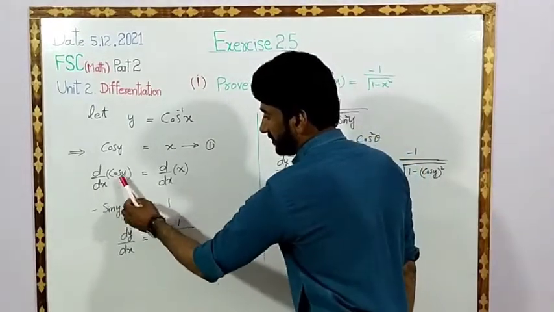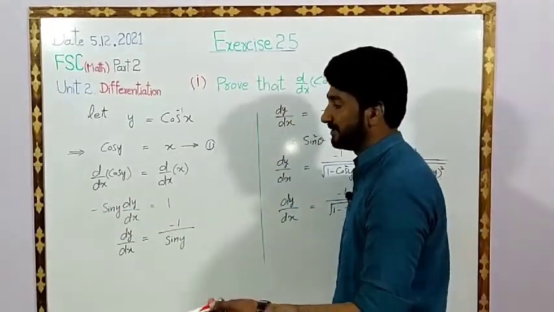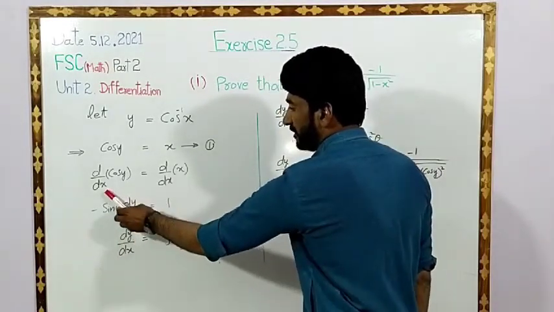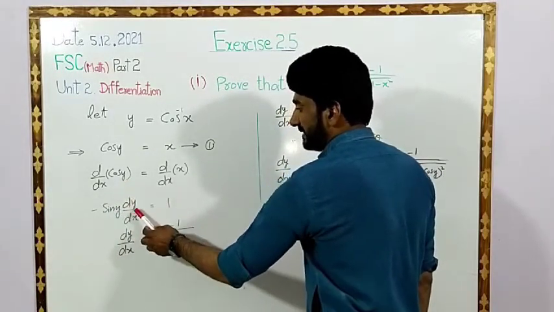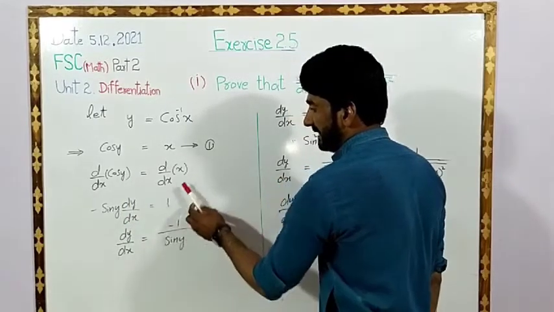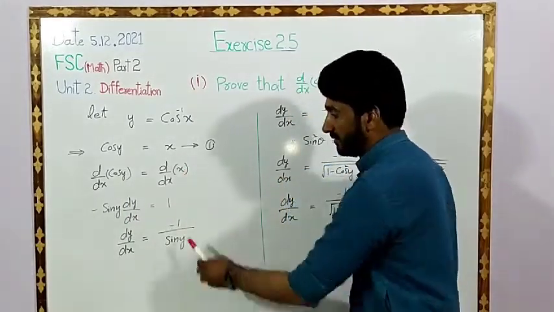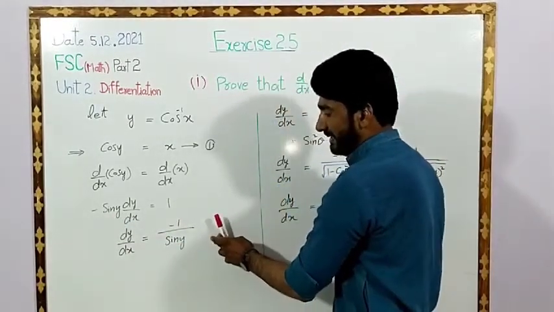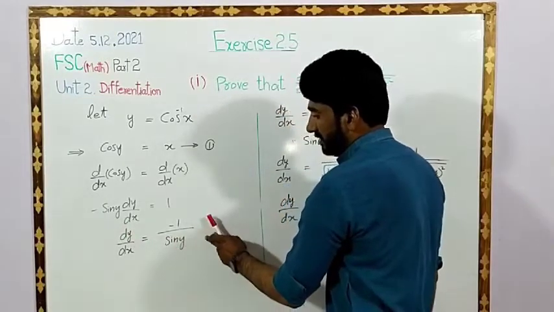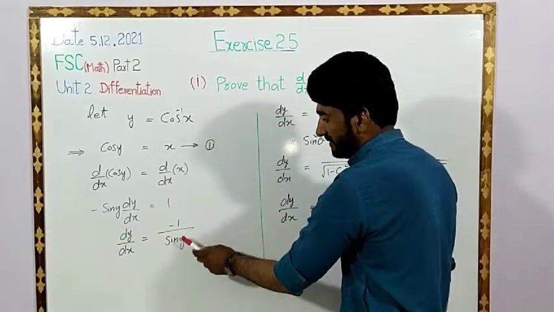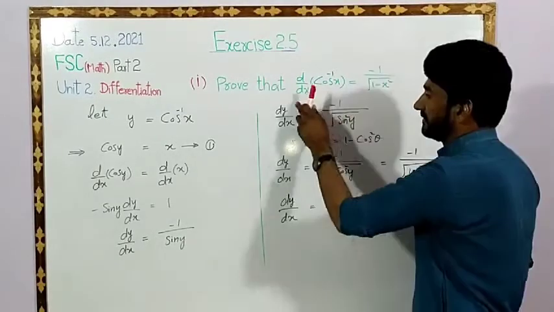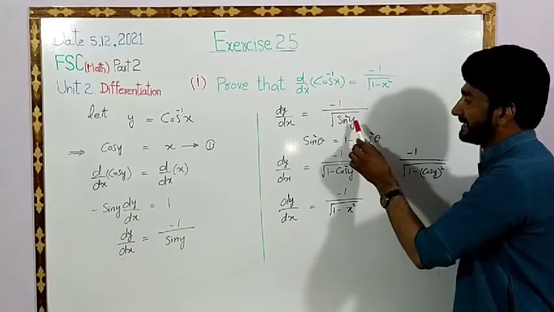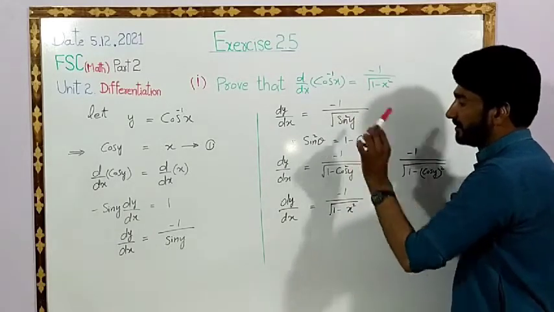The derivative of cos is minus sin y, the derivative on the angle is written as dy over dx, and the derivative of x with respect to x is equal to 1. Now this minus sin y is taken to the right side, so dy over dx is equal to minus 1 over sin y, which is minus 1 over under root sin square y. We can take square and under root because they cancel out.